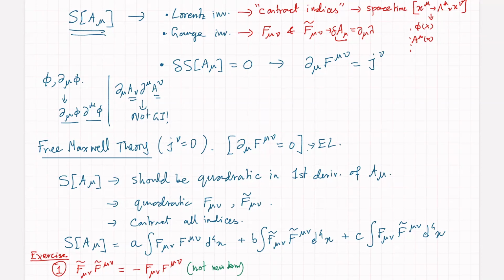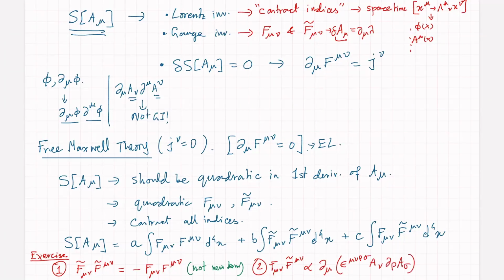The second exercise that I want to give you is the last term, where you contract F mu nu with F tilde mu nu. You should be able to show that it's proportional to del_mu of epsilon^{mu nu rho sigma} A_nu del_rho A_sigma.